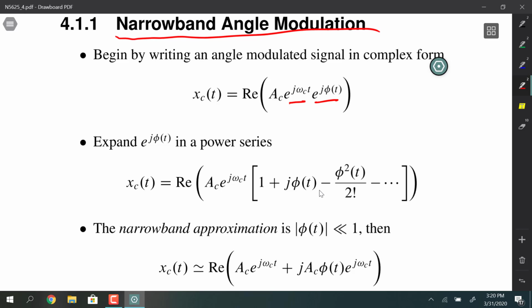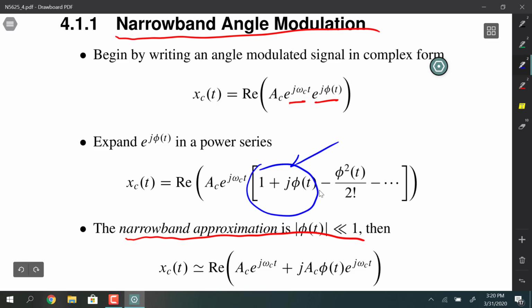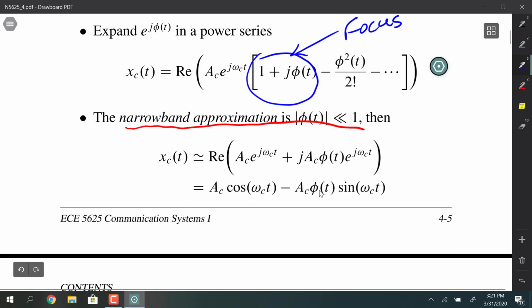The narrowband approximation says the magnitude of phi of t is much less than 1, and this will be the focus for narrowband angle modulation: just the constant plus the linear term j phi of t.